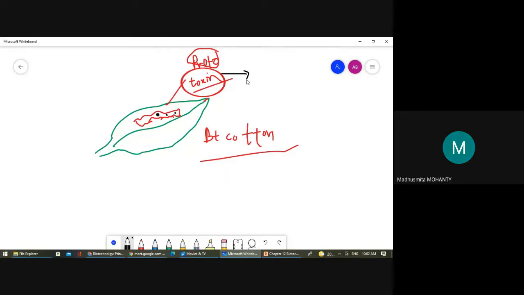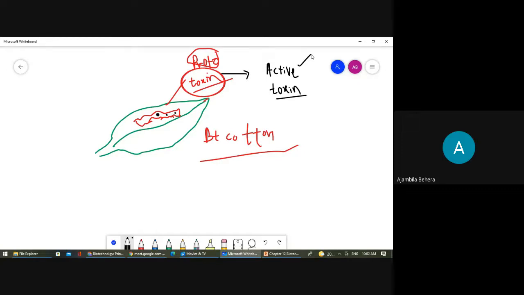Yes, it is activated. It is activated into your active toxin. So you can find here that it will be activated into your active toxin, and how does this activation occur?